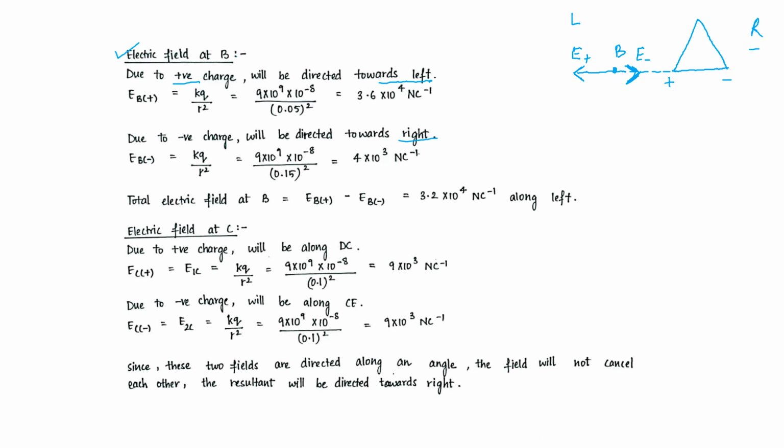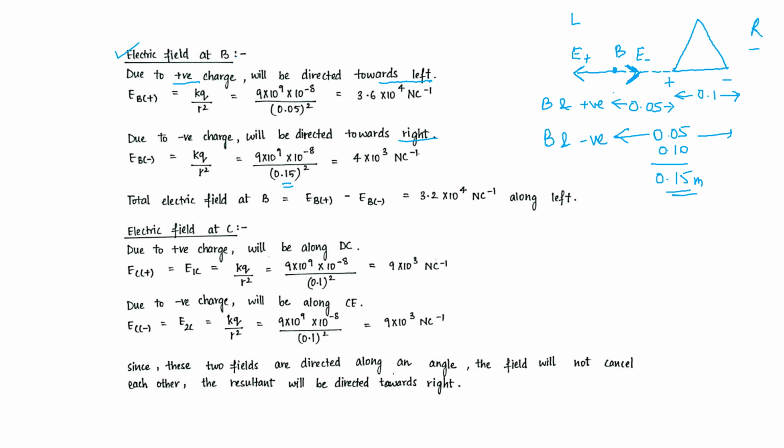Now this is our positive charge, this is our B. The distance between both of them is 0.05, and the distance between the positive and the negative is 0.1. Okay, so what is the total distance between B and the negative charge? This is B and the positive charge. B and the negative charge, how much is the distance? It is the addition of both the distances, that is equal to 0.15 meter. Okay, so this is given here.